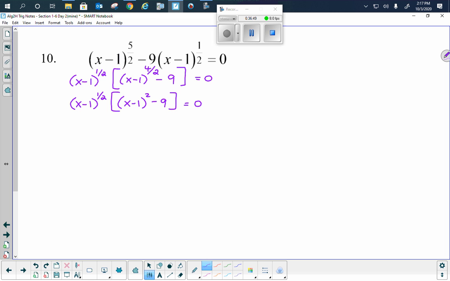Perfect. Your job then is always to simplify what's inside the brackets. I hope you're seeing what's inside the brackets as difference of perfect squares. Because there's 2 terms, one of them being this, one of them being this, and they are subtracted. So that is difference of perfect squares.